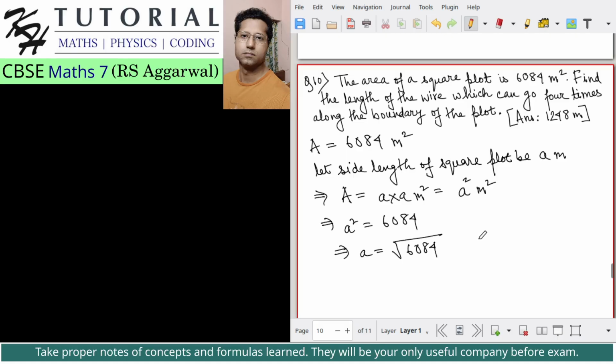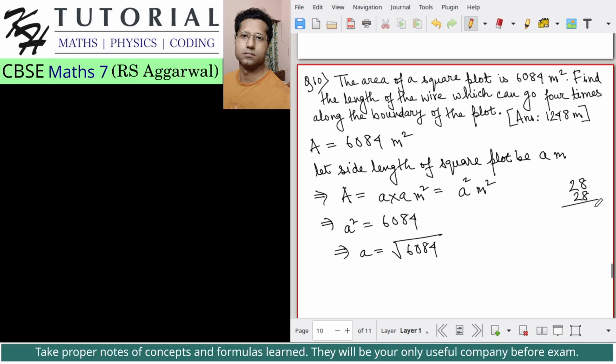What will be the square root? Can it be 28? The last digit of 6084, which must be a perfect square, is 4. So the last digit of a can be either 2 or 8, because 2 square is 4 and 8 square is 64. Can it be 28?